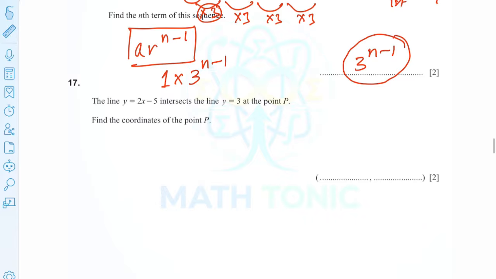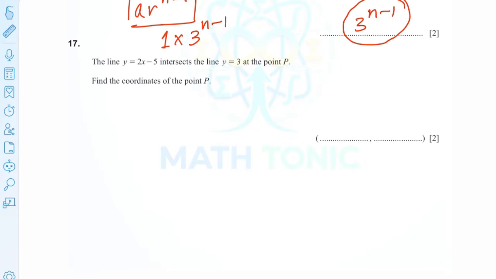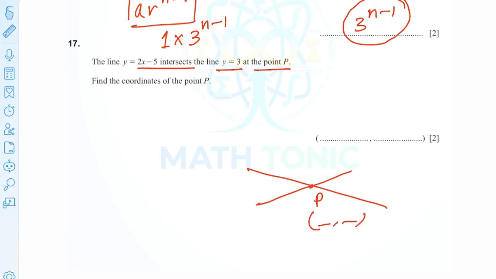Got it? Next, the line y equals this intersects the line y equals this at point P. Listen, for example, this is a line, this is a line, and they intersect at point P. The question is to find the coordinates of this point. If two curves or two lines are intersecting, always solve as simultaneous equations. For example, we have two equations, y equals 2x minus 5 and y equals 3. So left hand side equals left hand side, right hand side equals right hand side, simple.